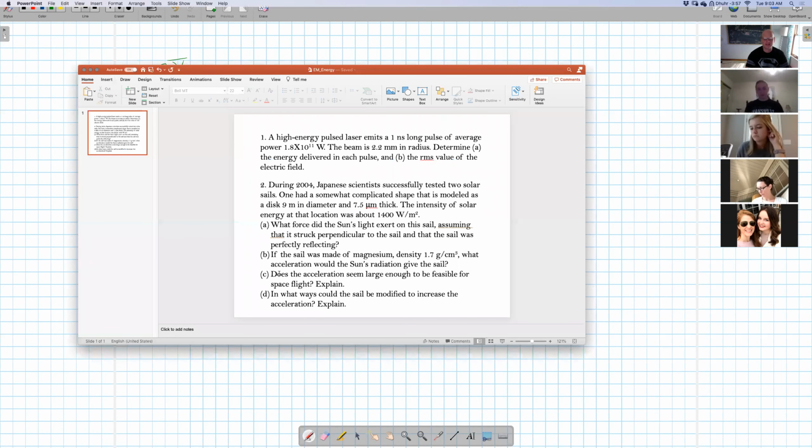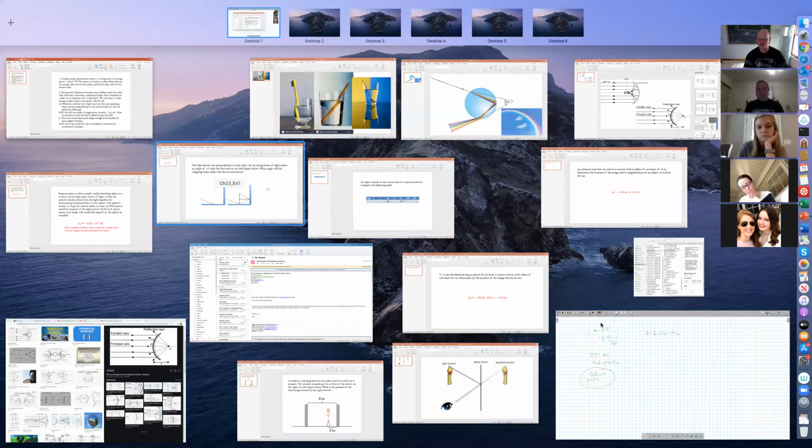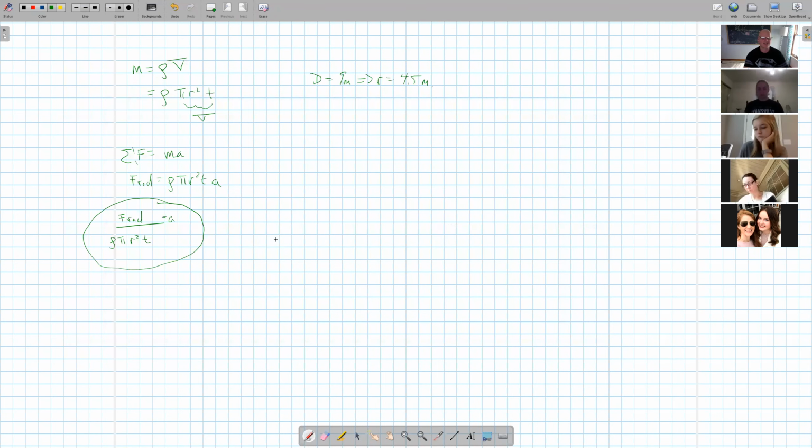Part C is just saying, if I look at the size of that acceleration, is this going to be large enough for things like space flight? Meaning if I wanted to travel from, say, Earth to Mars using a solar sail, so the radiation from the sun, is that something that's going to be feasible? The answer is going to be no, because once you multiply all these numbers out, you should find that this acceleration is ridiculously small.